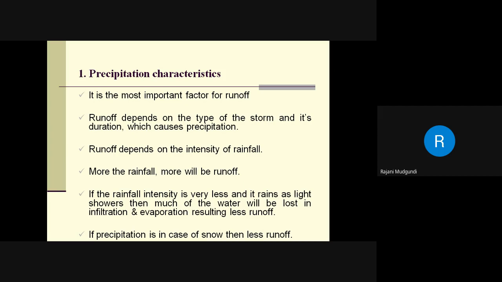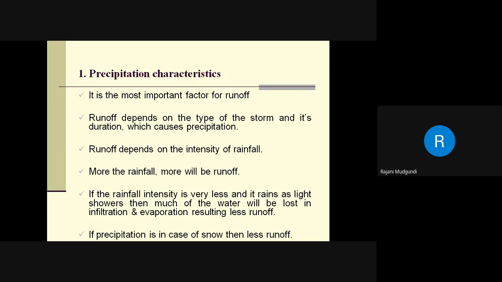One can say that runoff is directly dependent on the rainfall or precipitation. If there is more rainfall, there will be more runoff, and with less rainfall, there will be less runoff.